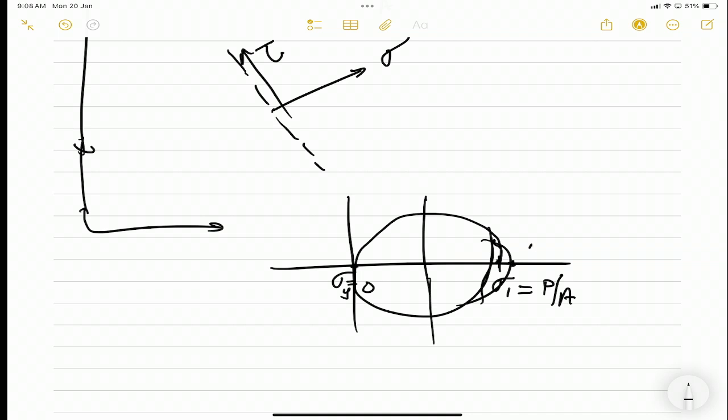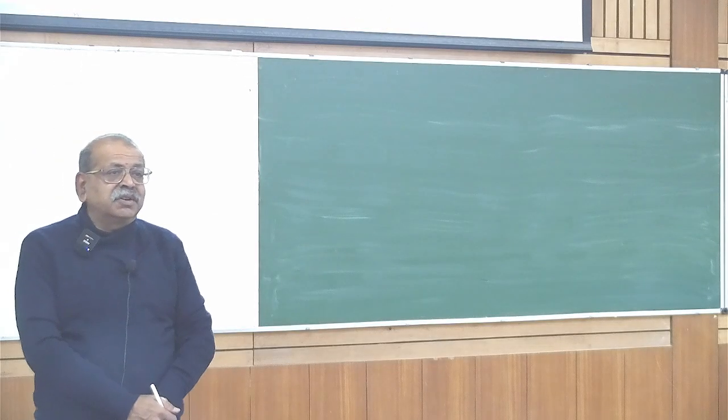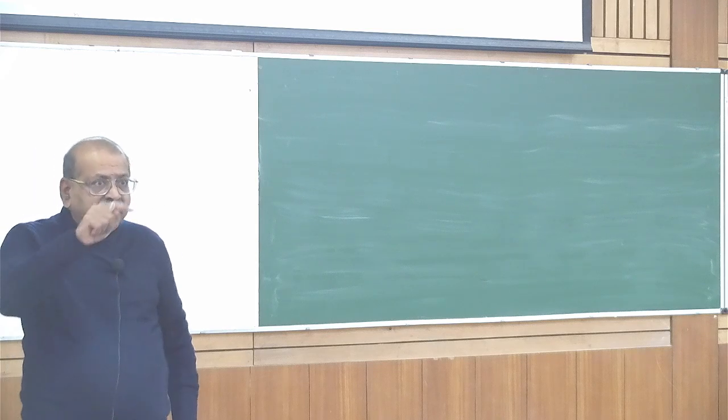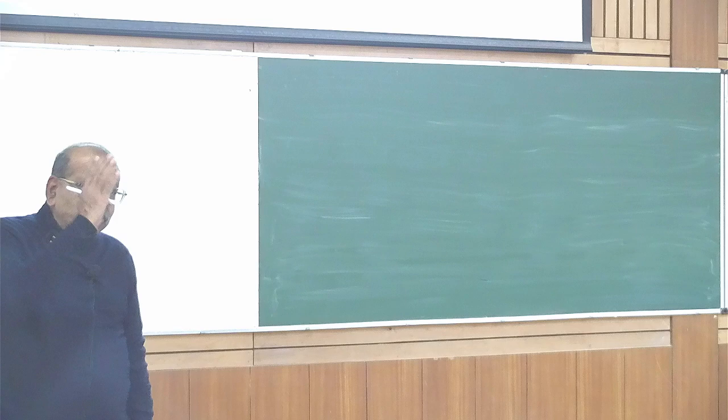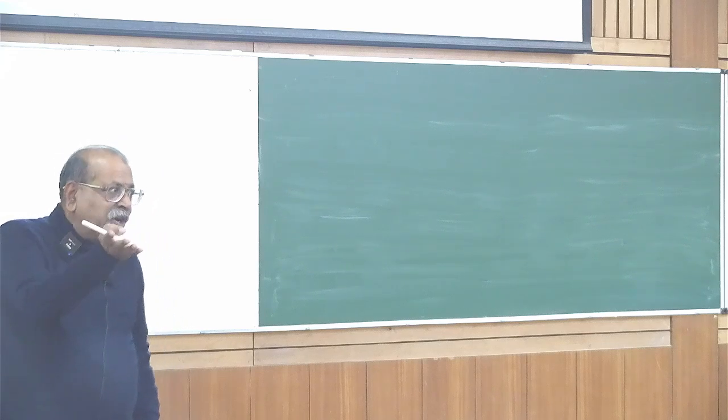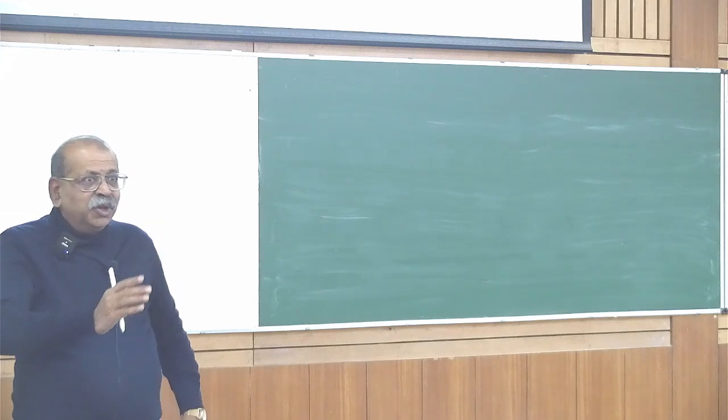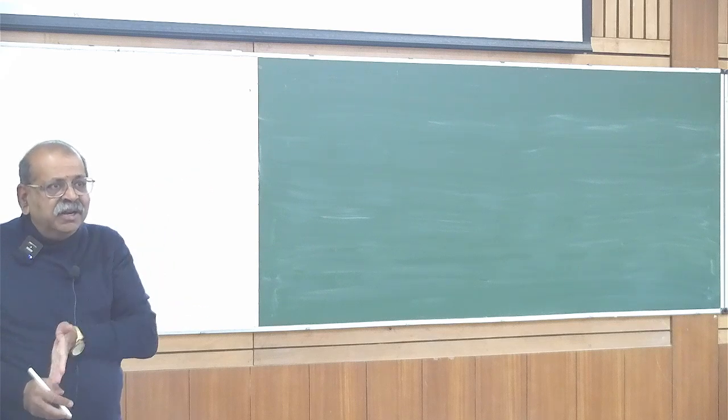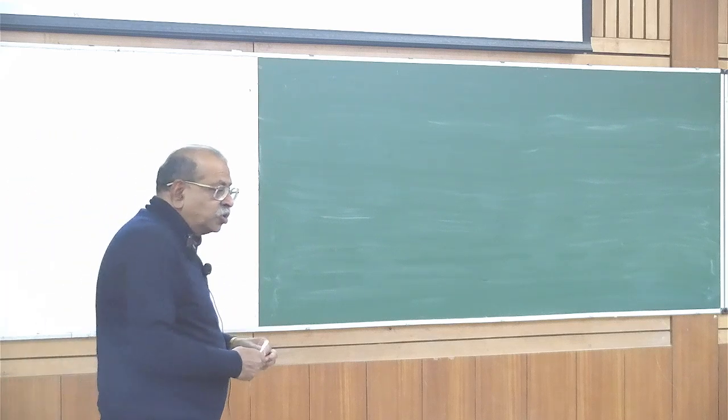These are my 2 points A and B for the original stress. But where will the maximum shear stress come? 90 degrees in the Mohr circle. So, in the actual picture, it will be at an angle of 45 degrees. So, the maximum shear stress will be at 45 degrees, and that we have already seen.